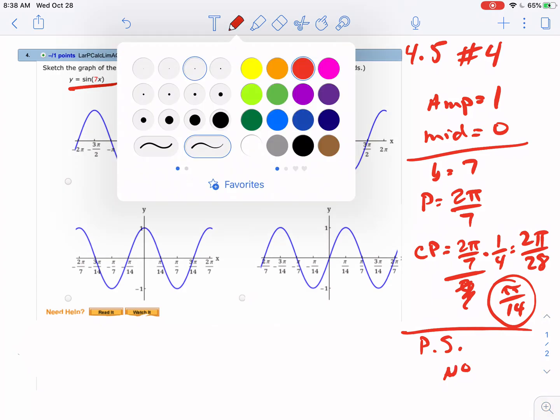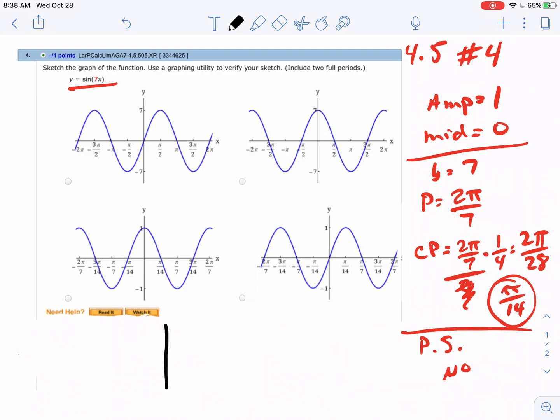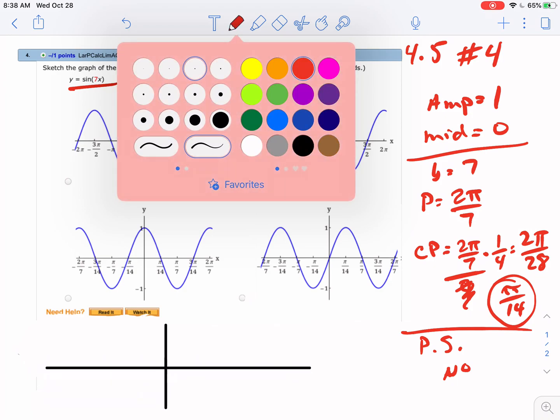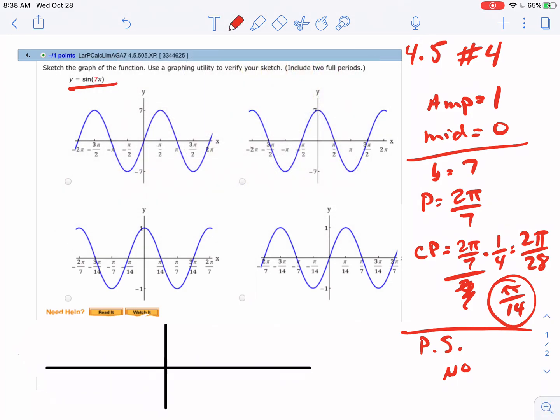So if I were to graph this, I would start by doing the phase shift. Because there's no phase shift, I'm going to start right on the y-axis at 0. Then the critical points, the CP, are spaced every pi over 14.